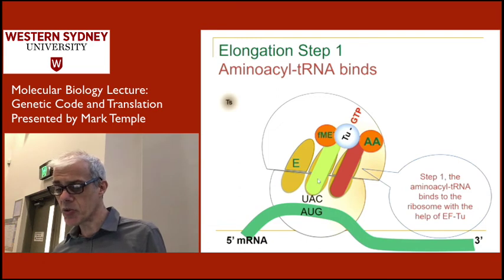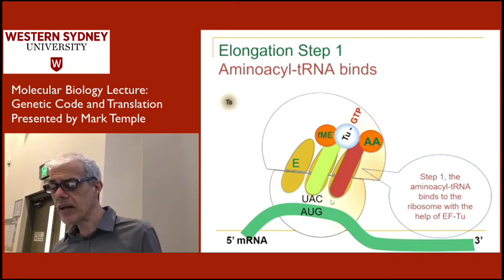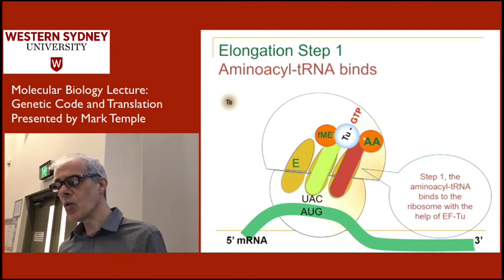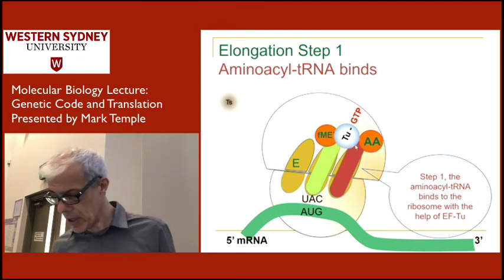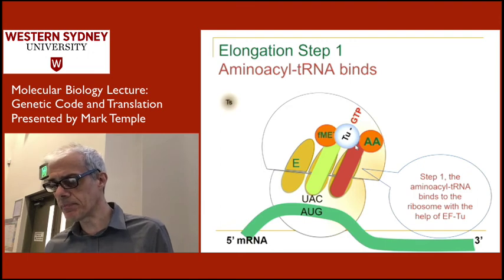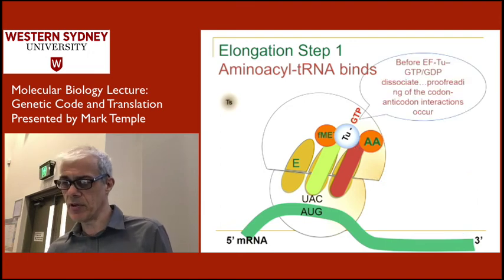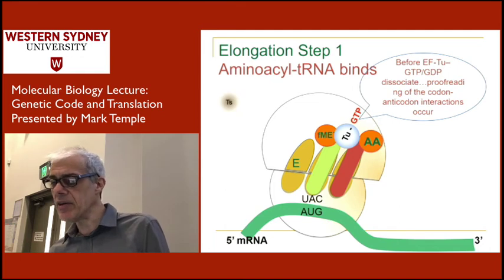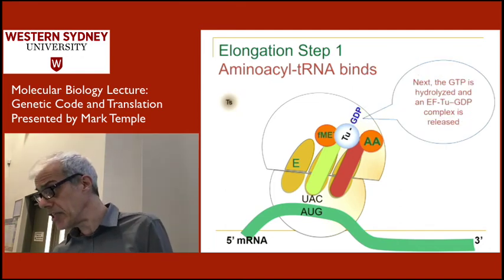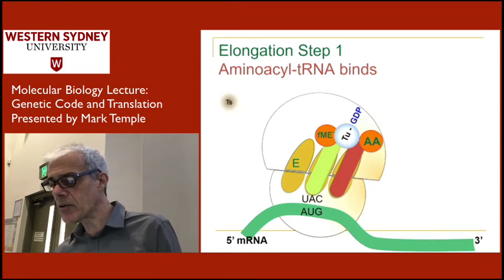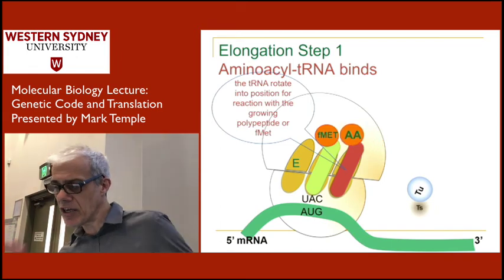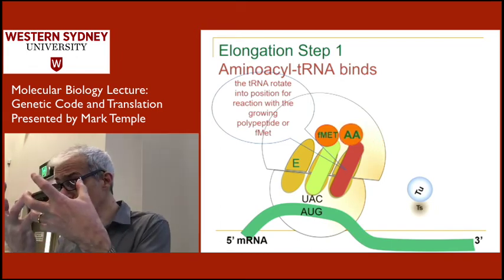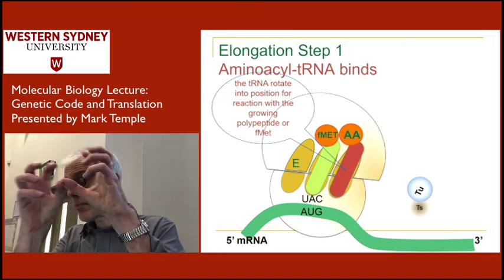You get base pairing between the codon-anticodon, and then you've got a very slight pause where once this is recognized, this GTP has to be hydrolyzed for something to happen. And during that slight pause, you can make sure that the correct tRNA is brought into place, and then effectively you hydrolyze that GTP to a GDP, and then that allows some sort of structural change so that as you hydrolyze that molecule, you get a shift in structure, and those two amino acids are brought into the same proximity.